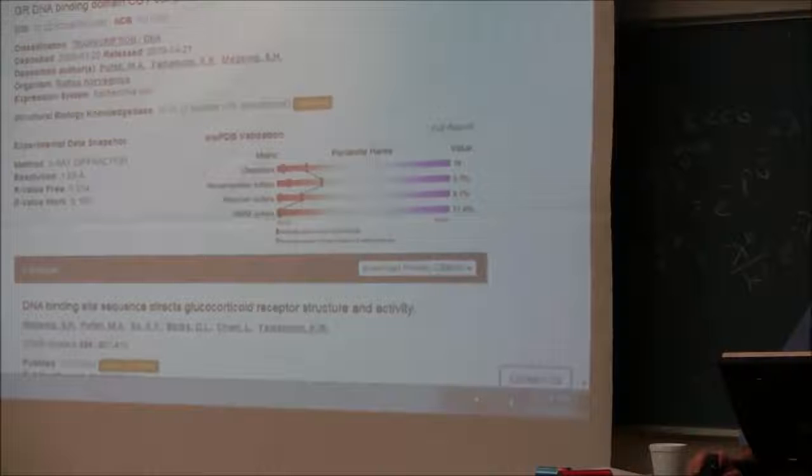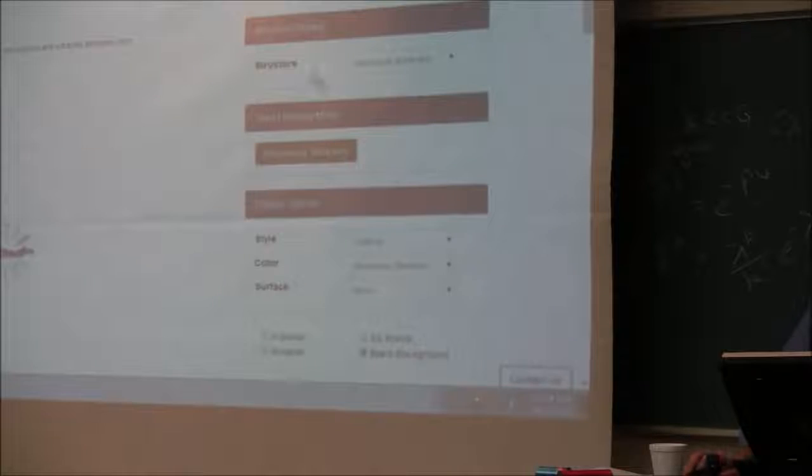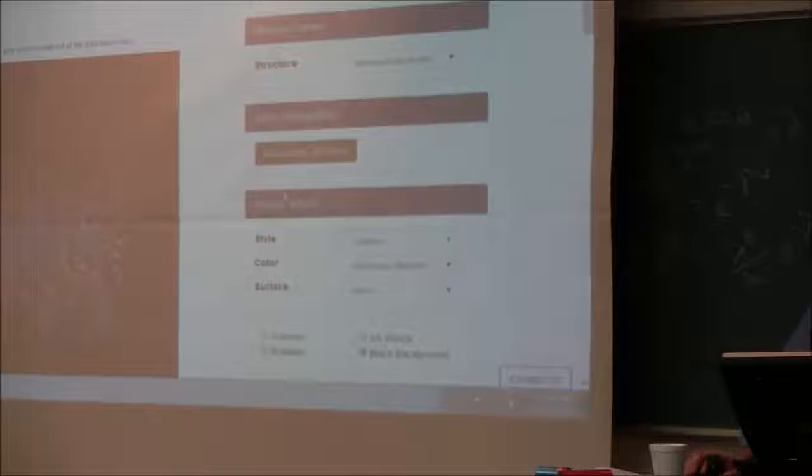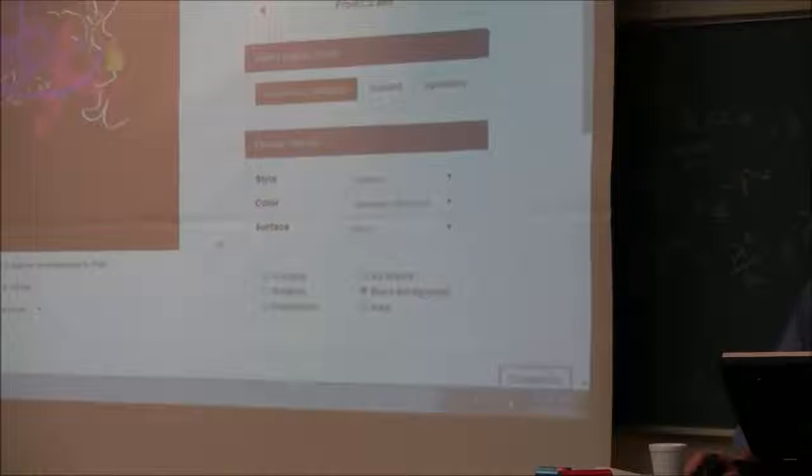So here is a picture of a typical transcription factor. Let's see, 3D view. All right, great.